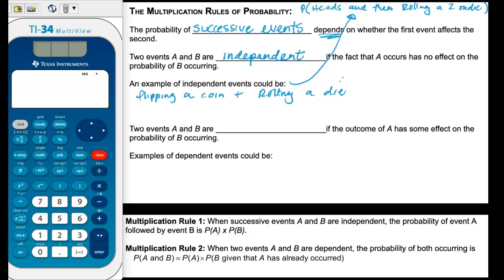If you have two events, they're either going to be independent or dependent. If the successive events are dependent, it means that the outcome of A has some effect on the probability of B occurring. An example of dependent events could be drawing one card from a deck, not replacing it, so keeping it, and then drawing a second card.